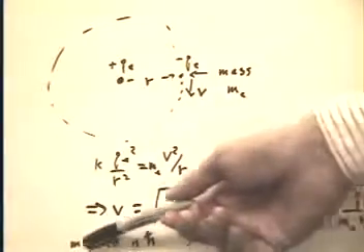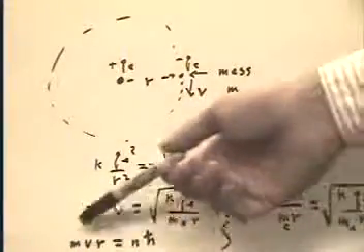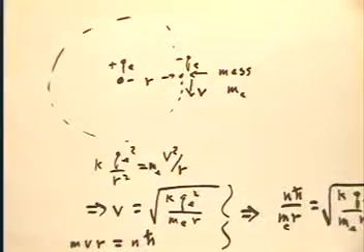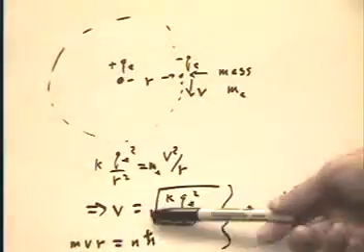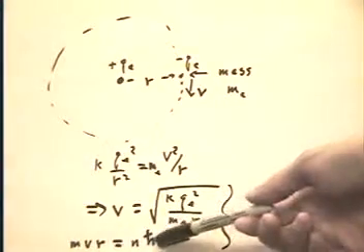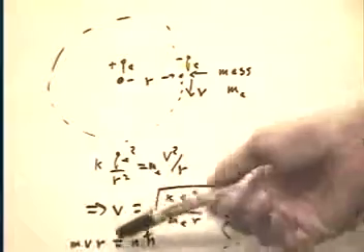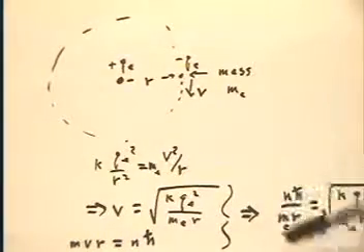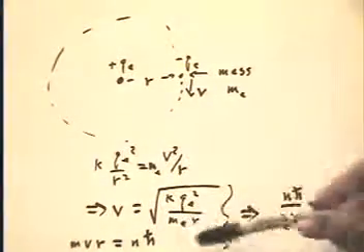Then we take our quantization condition that the angular momentum mvr equals n h bar, and we solve these two equations simultaneously. This solution is a little different than the one we saw before. What we do is we solve this equation for v. We get n h bar over mr, which is what we express here, and that's going to equal this expression for v.